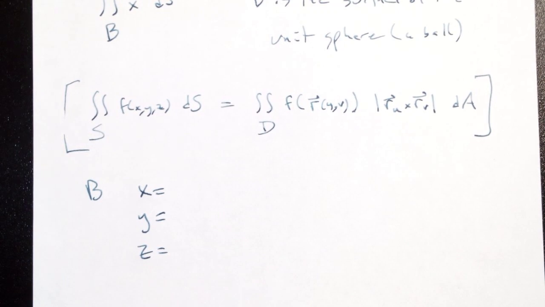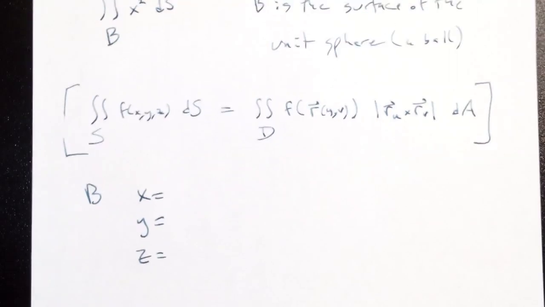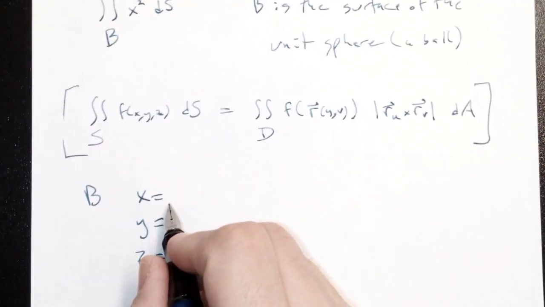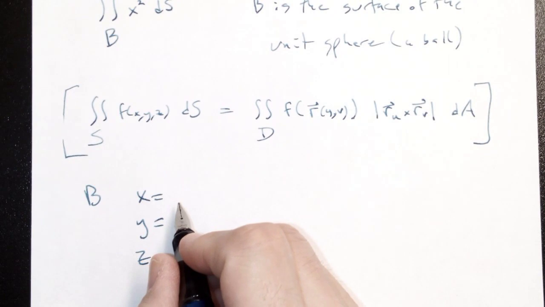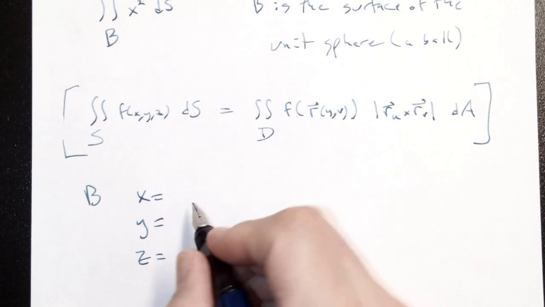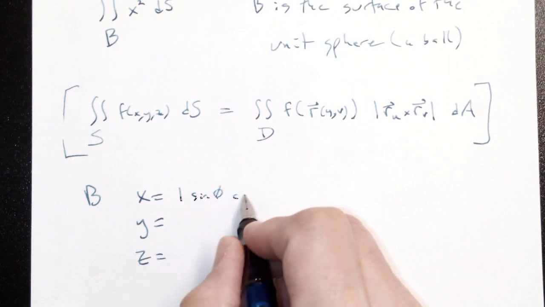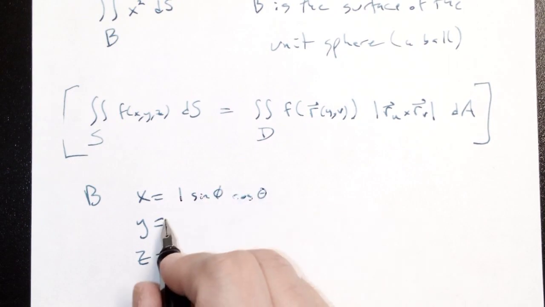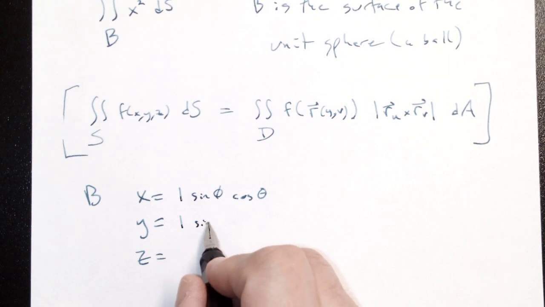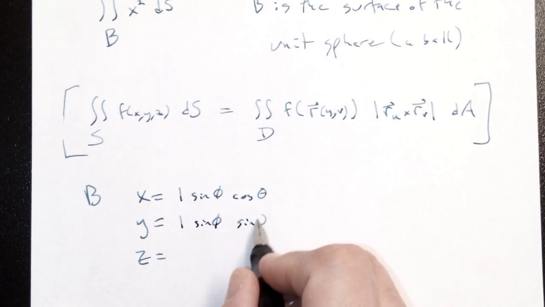But the radius is 1, so I can use the spherical coordinates we already know and use regularly, and you should have written down on your formula sheet. So nice when I get to cheat. x is equal to R sine phi cosine theta. y is equal to R sine phi sine theta.